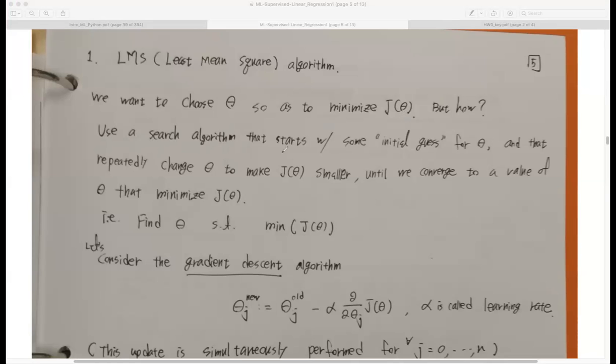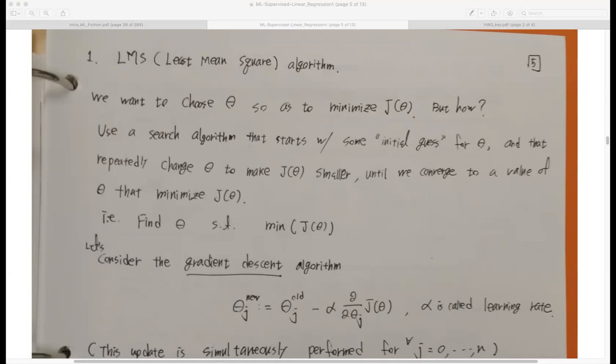Use a search algorithm that starts with some initial guess for theta and then repeatedly changes theta to make J of theta smaller, until we converge to a value of theta that minimizes J of theta. So starting from the initial guess, we repeatedly change theta to make J of theta smaller and smaller, and eventually J of theta converges to the minimum value. That's the strategy.